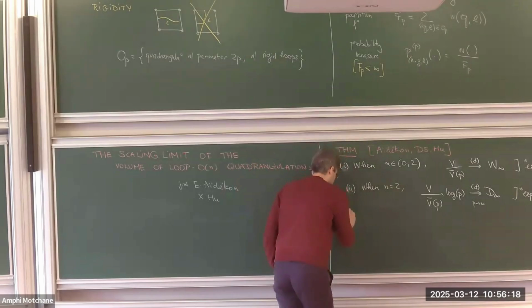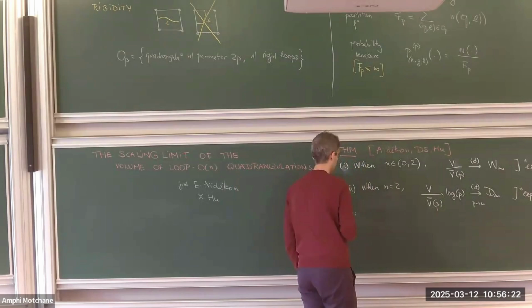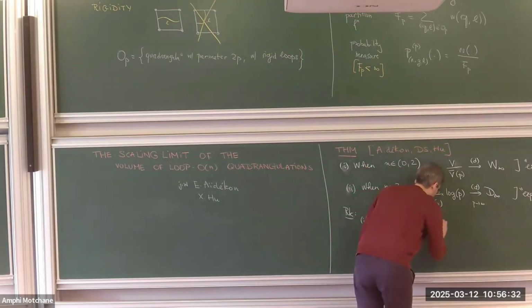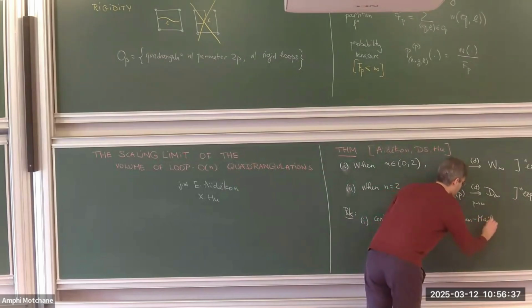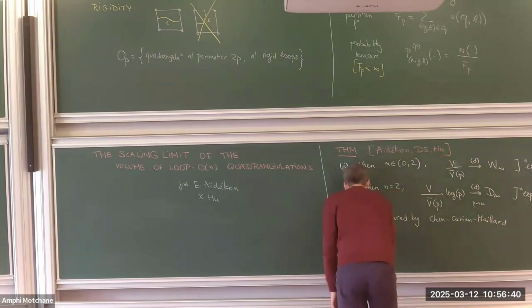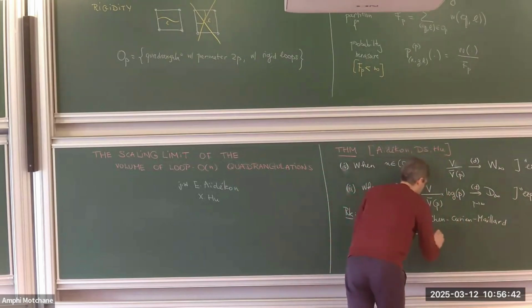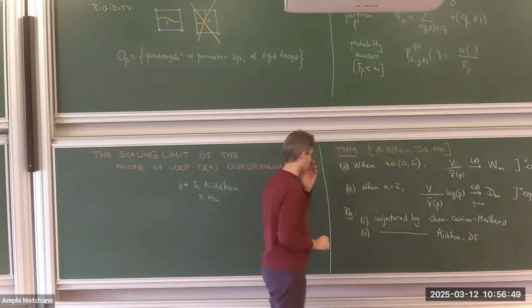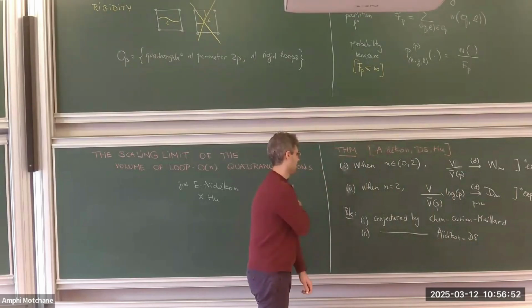Okay. These were conjectures on plane maps. The first was conjectured by the work of Chen, Curien and Maillard, and the second was conjectured by myself and Élie during my PhD in a less explicit form.